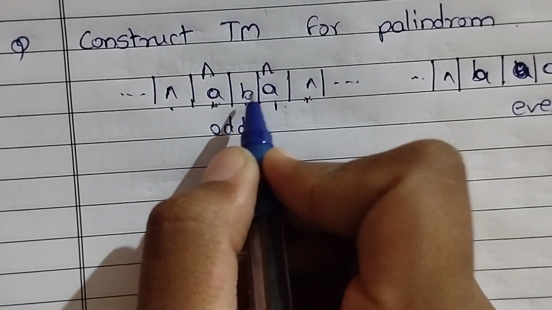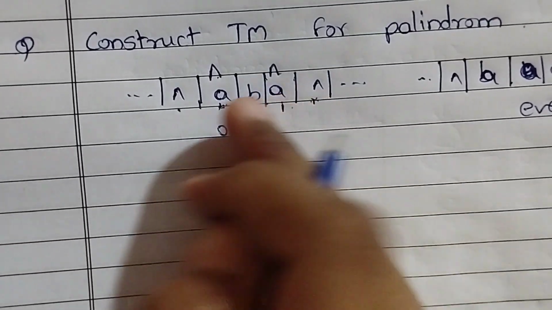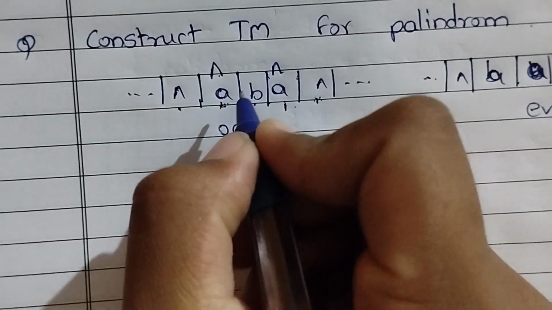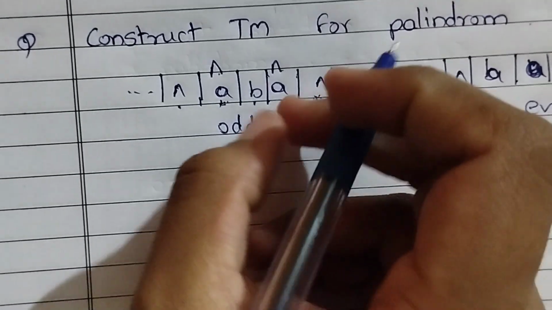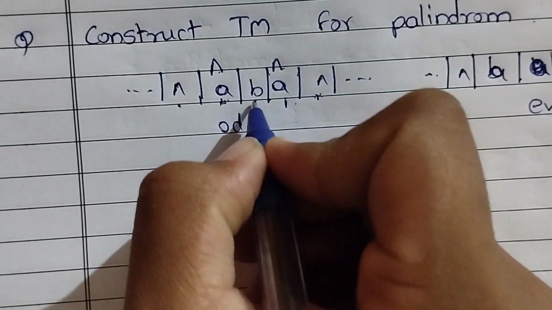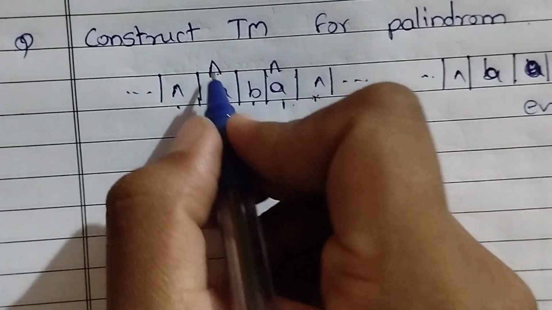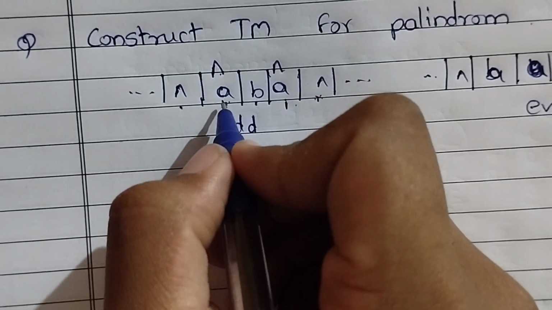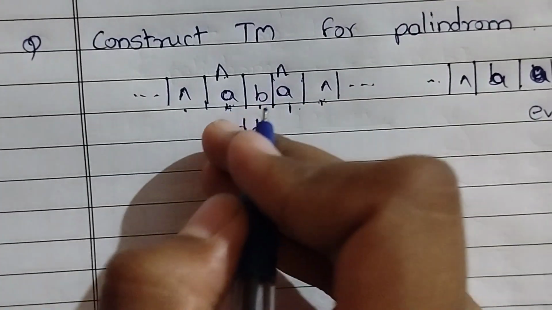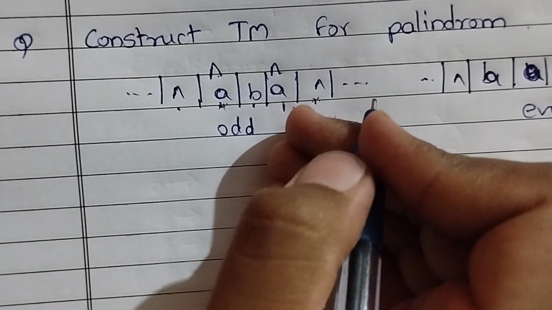In this way we travel over all the left side symbols. For this example we are now at B. So keep B as it is, move to the left. Then we read the null value. When you read the null value, the same cycle is performed again.